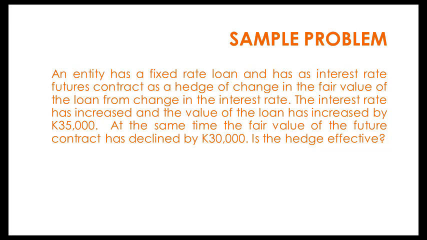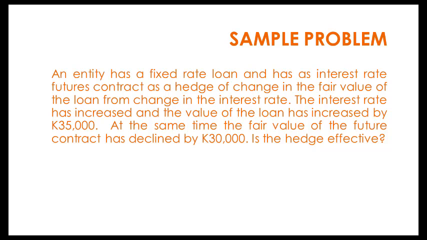So the interest rate has increased and the value of the loan has increased by 35,000 kina. At the same time, the fair value of the futures contract has declined by 30,000 kina. So this futures contract that they entered into is the hedge instrument which will help them to reduce the risk of the increased value of the loan.